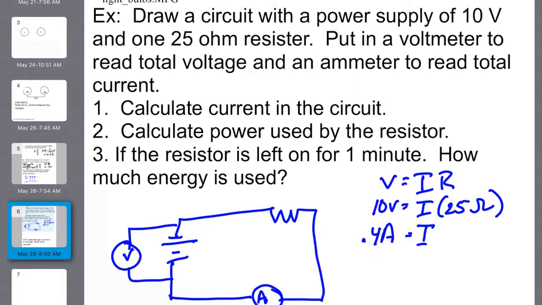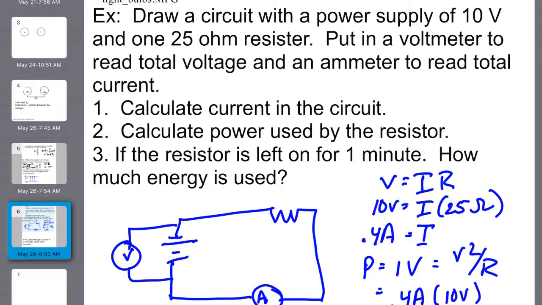My next part is to figure out the power used by the resistor. So we're going to use our equation, P equals IV. You could also use V squared over R if you wanted to. I have 0.4 amps times 10 volts would get me 4 watts.